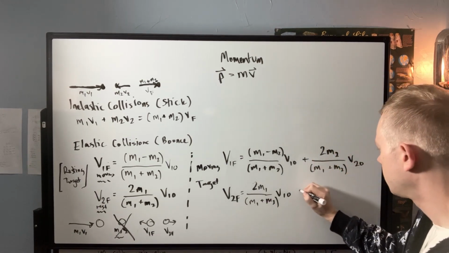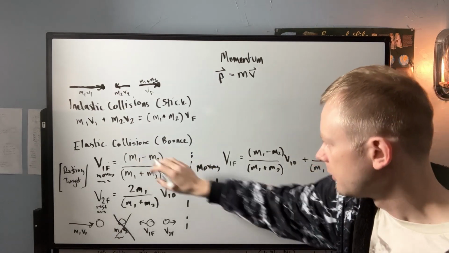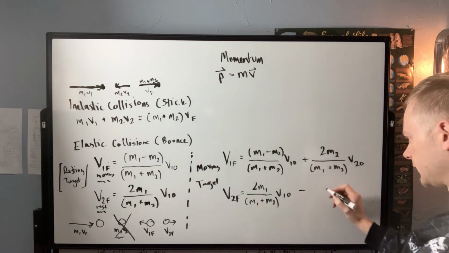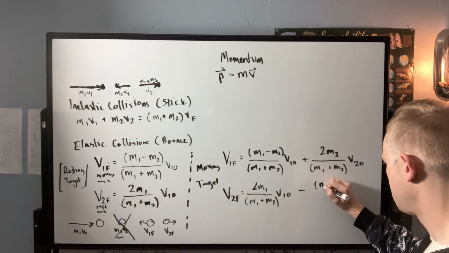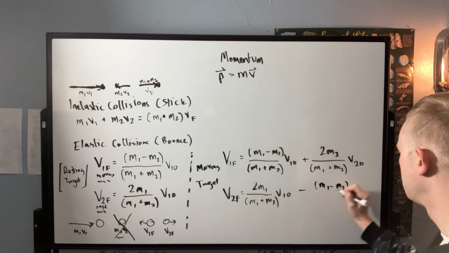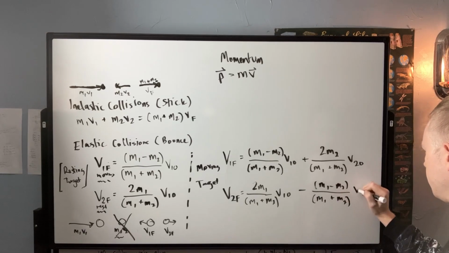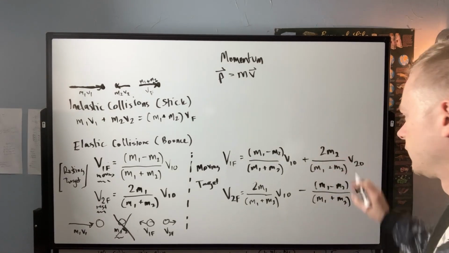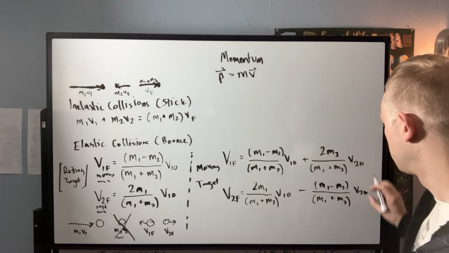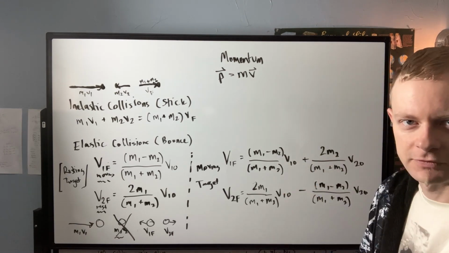And then on this side, we're going to subtract what that ball would look like, but it's on this side. So it's going to be (M1 minus M2) over (M1 plus M2), V20. So it turns out that at the end here, they both have V20, and on this side, they both have V10.